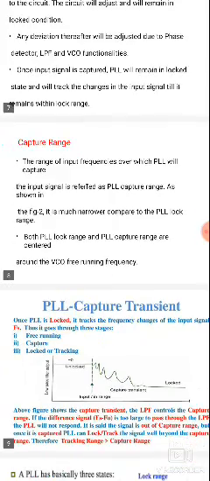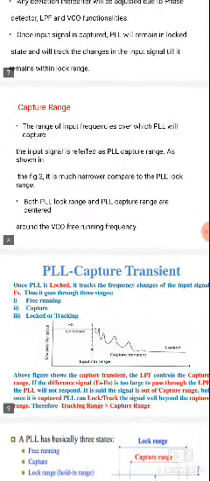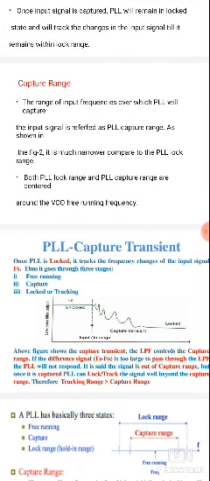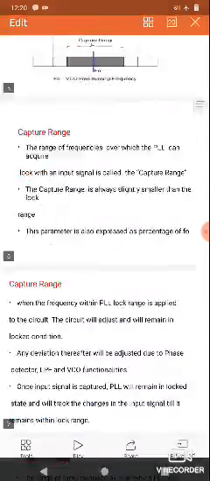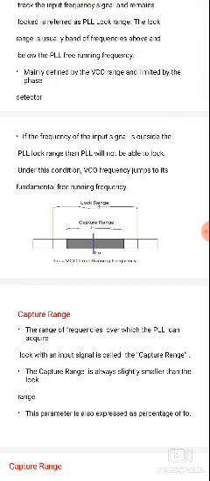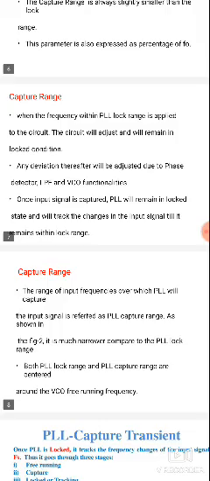Capture range is the range of input frequencies over which the PLL will capture the input signal, referred to as the PLL capture range. The range of input frequencies over which the phase locked loop will observe the input signal is referred to as the PLL capture range. In the block diagram, the lock range is the highest and the capture range is the narrower range. In figure 2, the capture range is narrower compared to the PLL lock range.